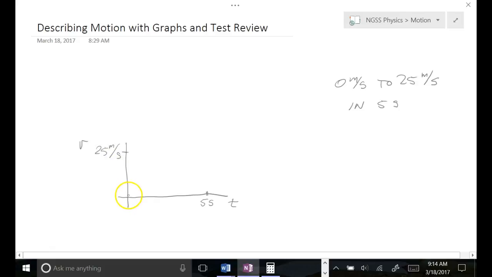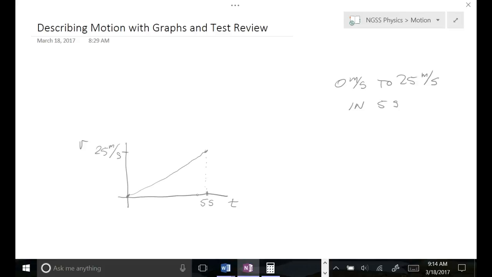If I start at 0, I'm going to have a point at the origin, and another point out at 25 meters per second in 5 seconds. I'm just going to draw a line connecting the two. There we go. And that defines this triangular shaped region.